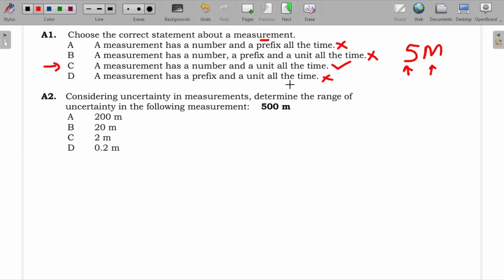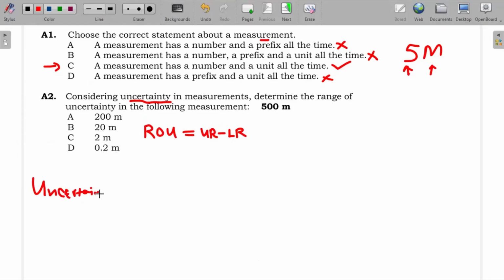C. Question number 2 says, considering uncertainty in measurement, determine the range of uncertainty in the following measurements. The range of uncertainty is found by subtracting the lower reading from the upper reading. To get those two, you first have to find the uncertainty itself.